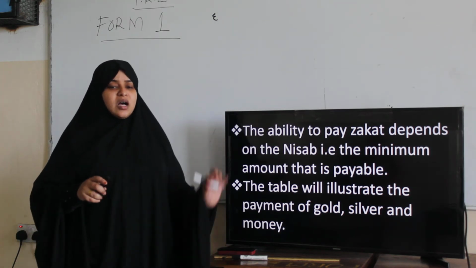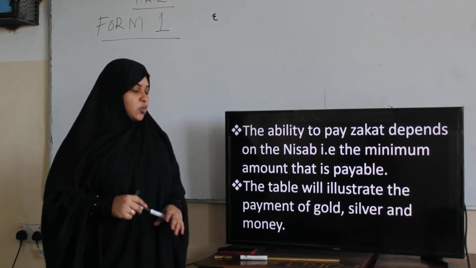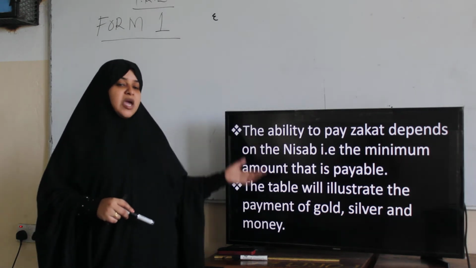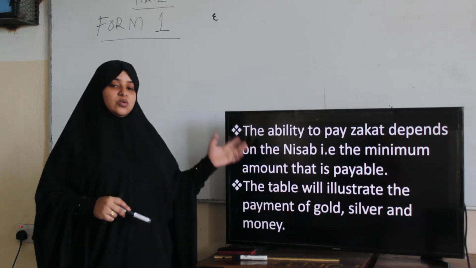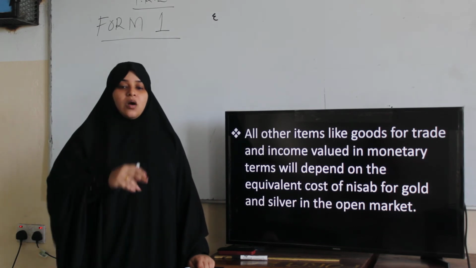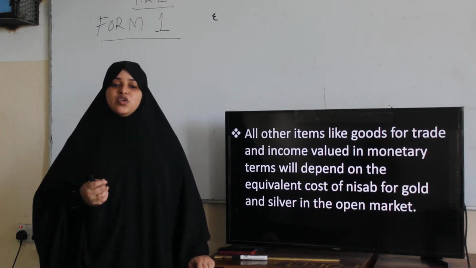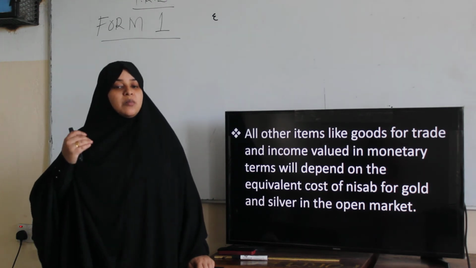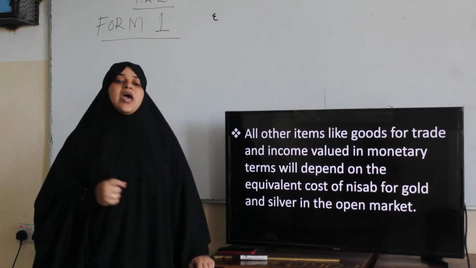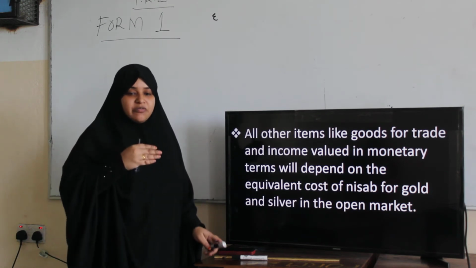We will look at the table later, which will illustrate the payment of gold and silver and also money. All other items like goods for trade and income valued in monetary terms will depend on the equivalent cost of gold and silver in the open market.